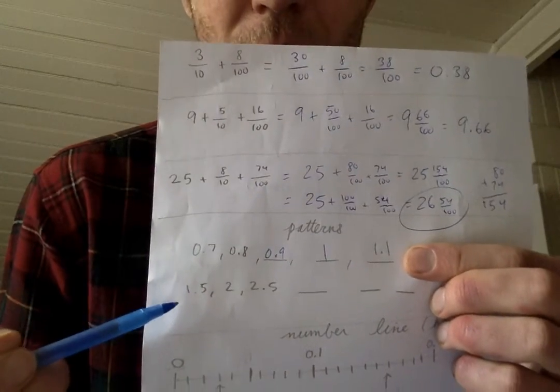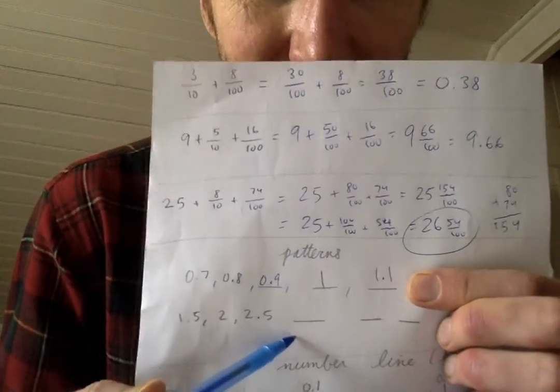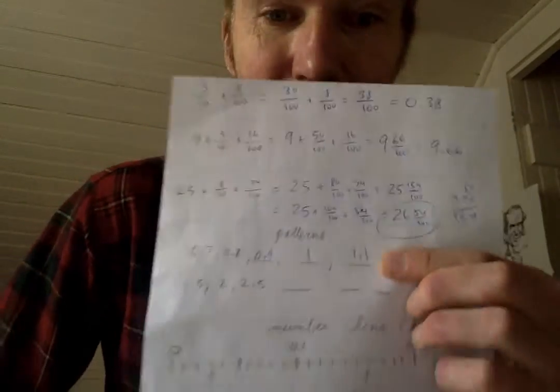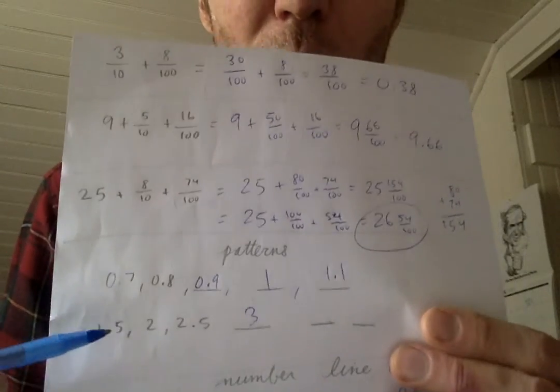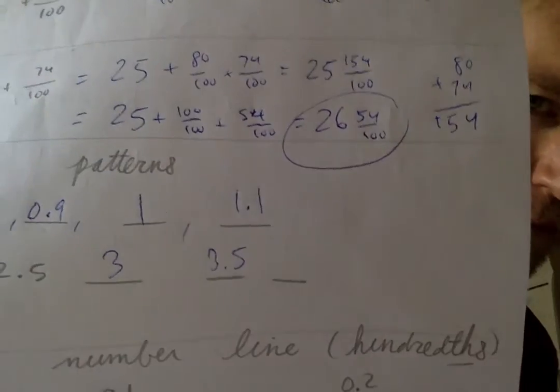Let's try this one. 1.5, 2, 2.5. It's adding a 0.5 each time. 3, 3.5, 4, 4.5, 5, 5.5, 6, 6.5, 7, 7.5.